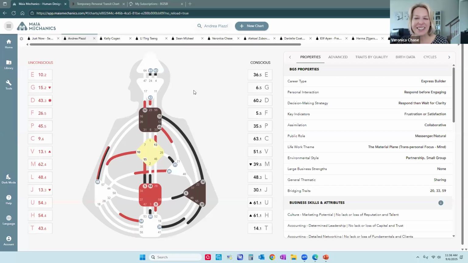I was just going to say, Sean, this is going to be so much fun, this whole thing of bouncing off one another, right? With the things you're calling out, I noticed she has the 6 and I have the 6 as well, conscious. The 6 is friction. So there is a degree of friction, Andrea, that you probably do bring to situations that you may or may not realize.